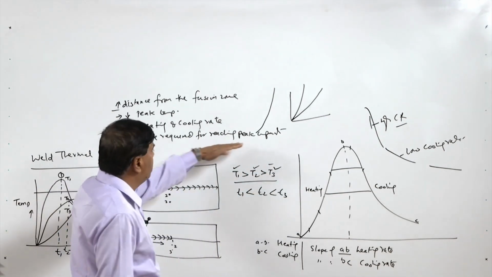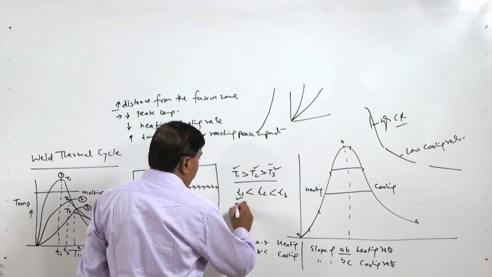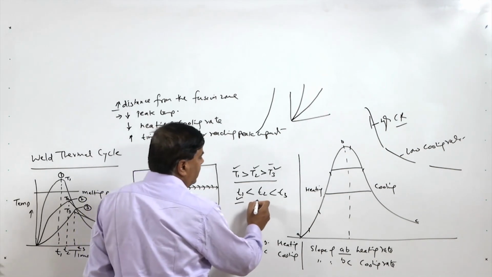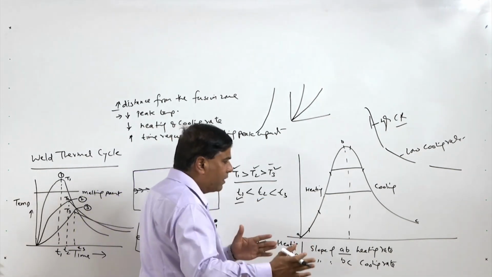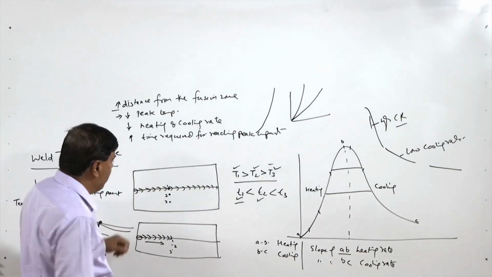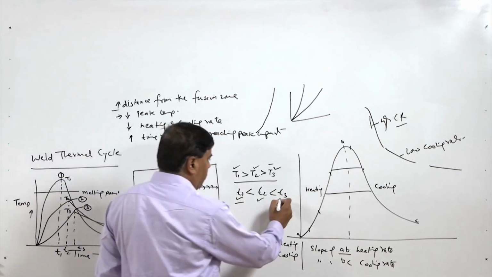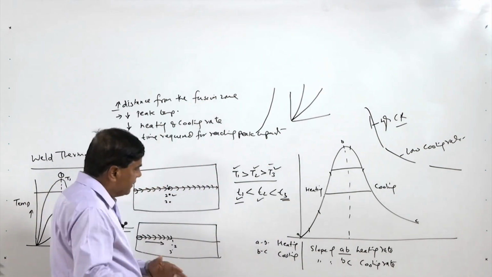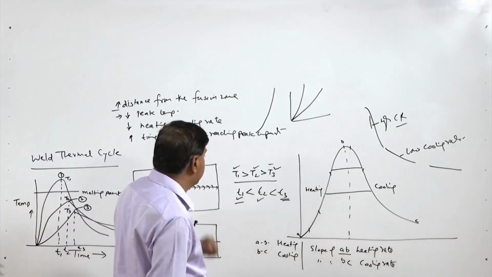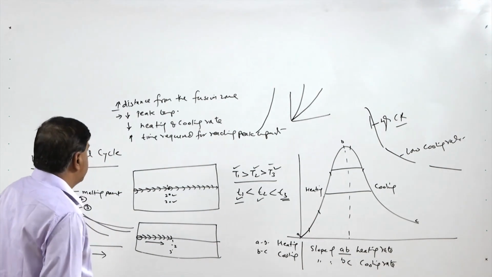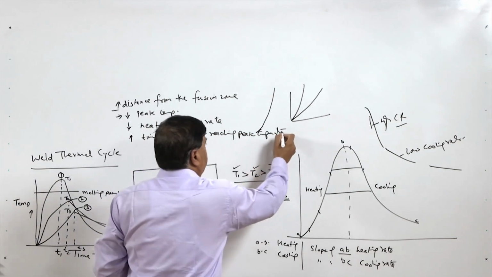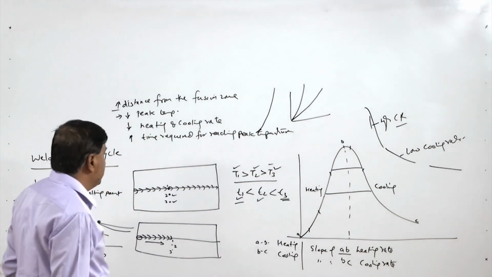Similarly, the time required to reach the peak temperature is minimum for the point very close to or in the fusion zone, and it takes somewhat longer to reach the peak temperature if the point is located away from the fusion zone, like point 2, and point 3, which is located further away, takes a still longer period. So the time required to reach the peak temperature increases with the increase in distance.